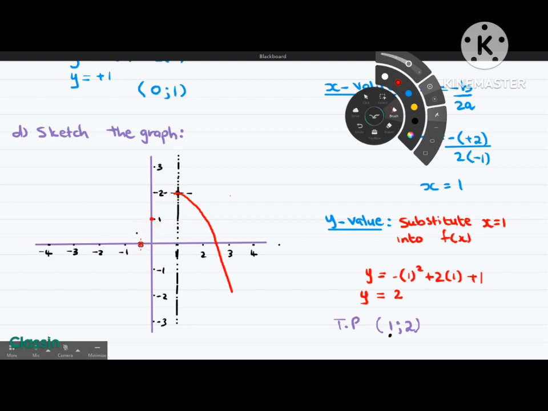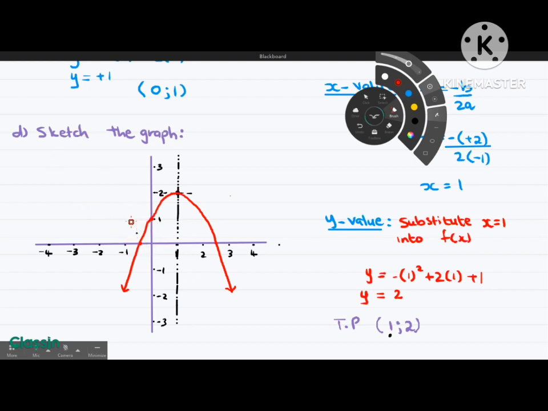It will pass through here and goes here. So once it arrives there, it will extend in that direction. Every time, once you are done drawing the graph, please put arrows at the end of the two arms. I'll explain why.